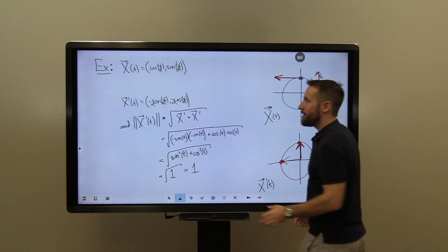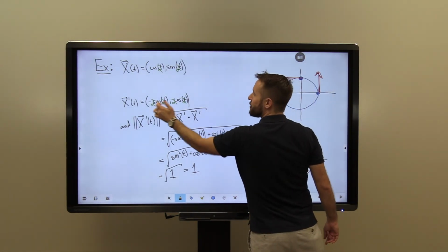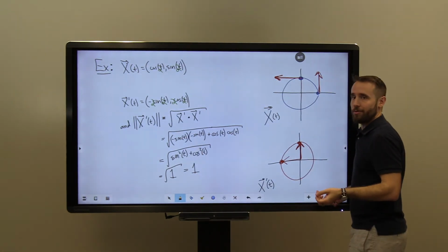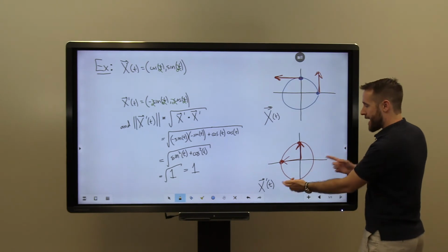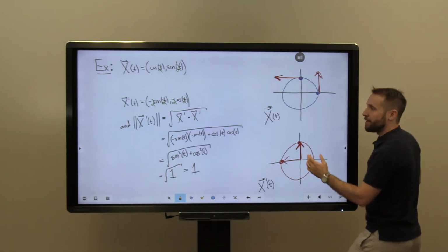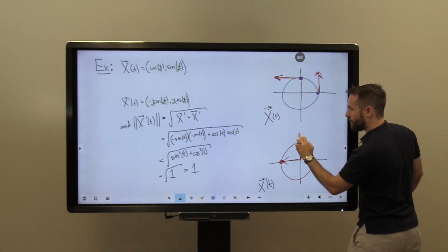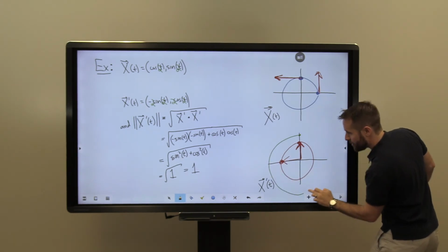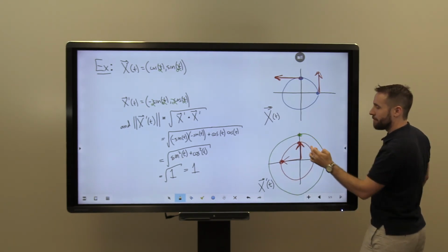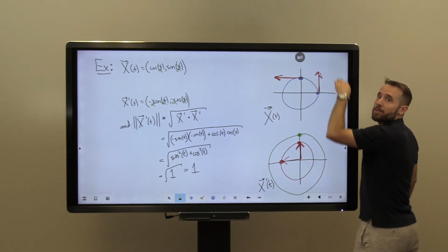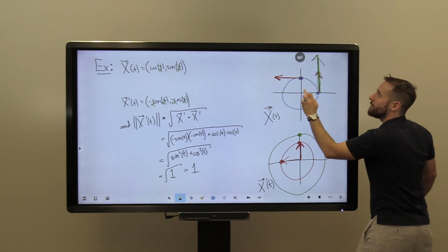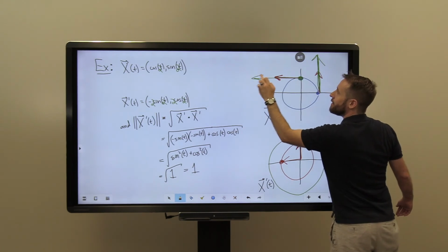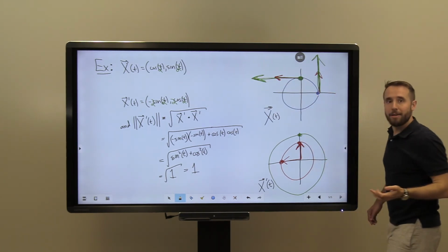So we end up with this extra factor of a 2, which pictorially will mean that x prime of t in green will be a circle of radius 2. So we'll end up with a bigger circle here. And when I'm drawing my corresponding arrows up here, each of those arrows will be bigger as well. And how much bigger will that be?